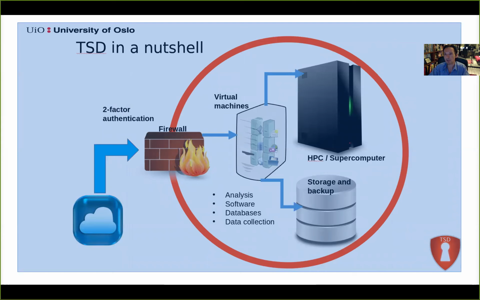A snapshot of this architecture you can see here. So we employ, for example, in an infrastructure called Tjenester for Sensitive Data, like services for sensitive data in Norwegian, a combination of technologies like two-factor authentication, firewall techniques, virtual machines to ensure that we compartmentalize the processing of data, and of course, plenty of storage and processing power to analyze the data.